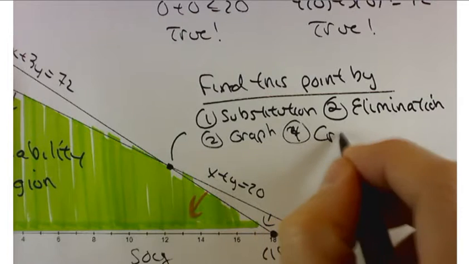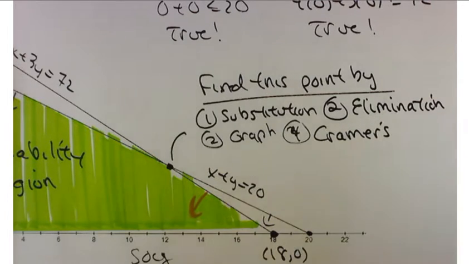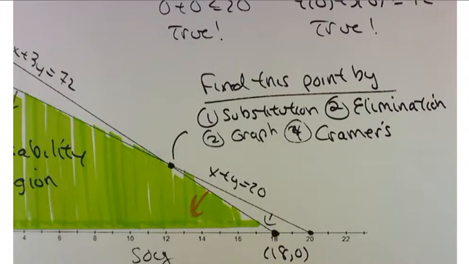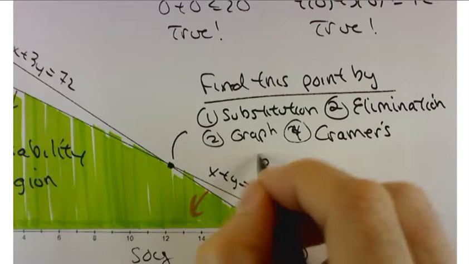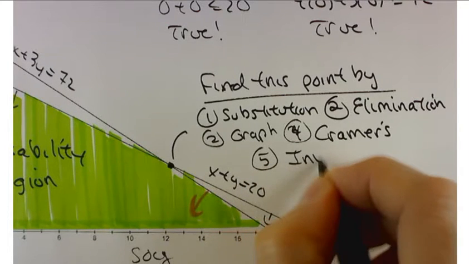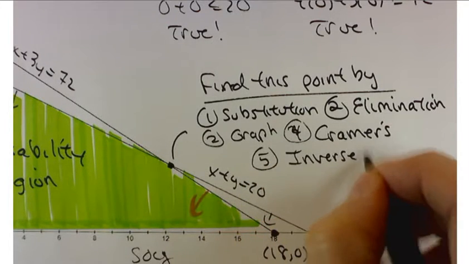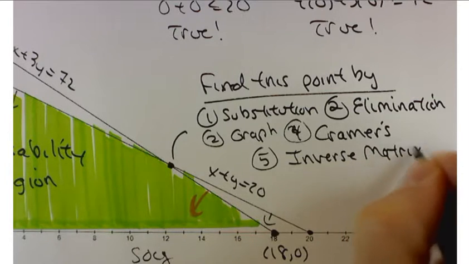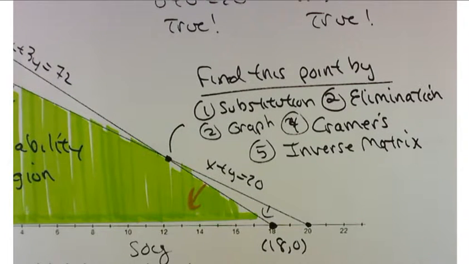Cramer's rule, all right, which is like squirrel hunting with a bazooka, but it would work. One more. What else could you do? With a system of 2 equations, it's not too bad. I think somebody whispered inverse matrix. Yeah. So there's a lot of ways you can find the solution to that 2 by 2 system of equations.